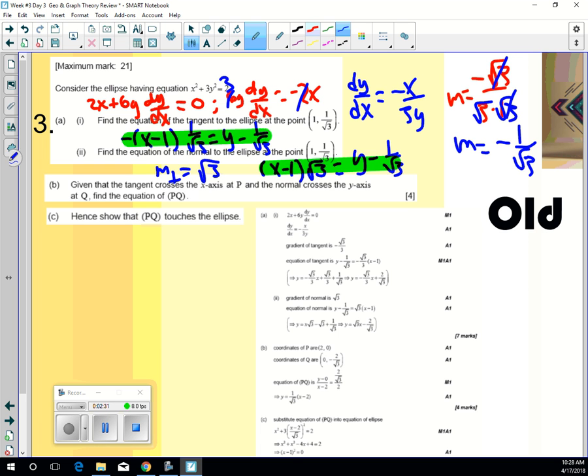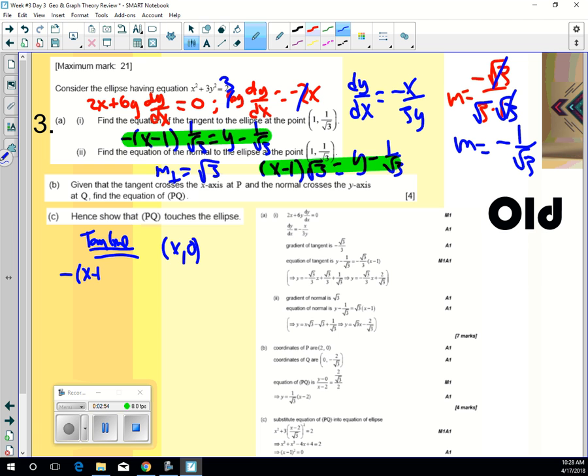Okay. And it says, given that the tangent crosses the x-axis at P, so take the tan line, and it crosses the x-axis at P, so that's going to be x comma 0. Y is equal to 0.